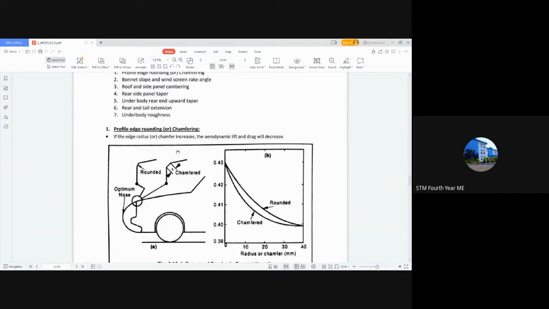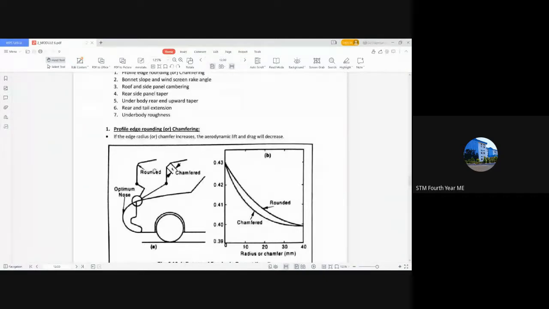So what is profile edge rounding or chamfering? As you can see here, at the nose end of the car, we are providing a rounded part almost above the headlamps. The headlamps and the bonnet itself are rounded or chamfered.